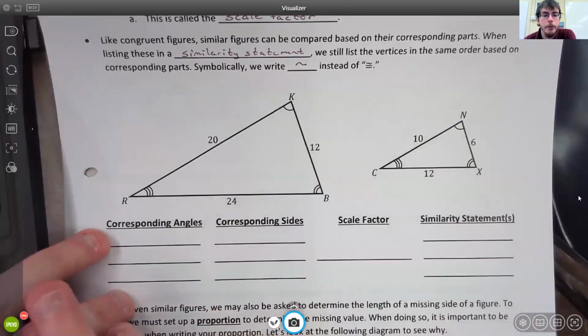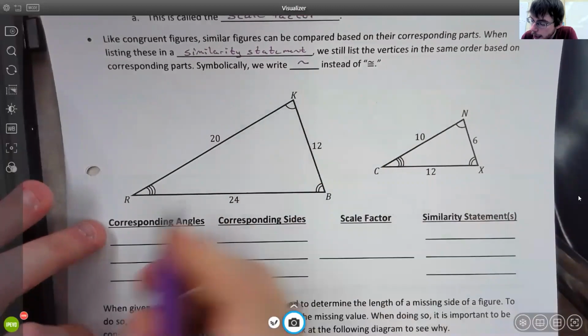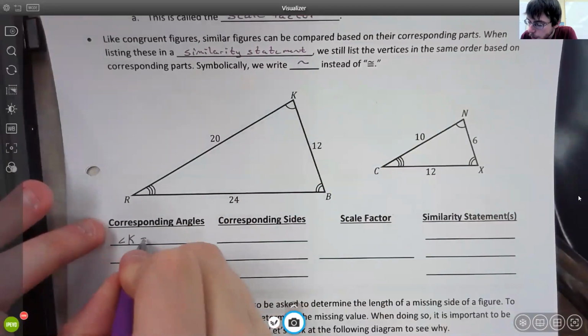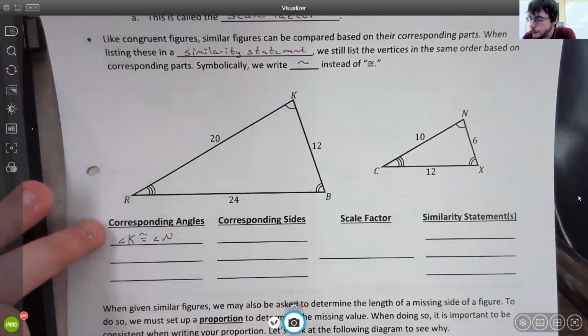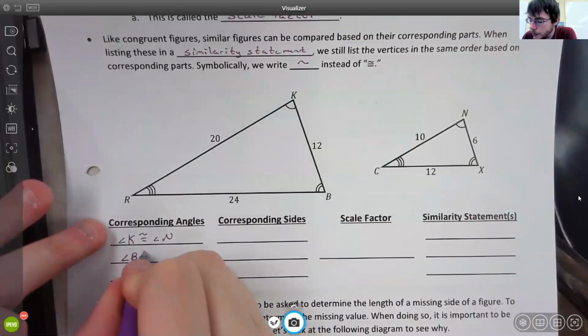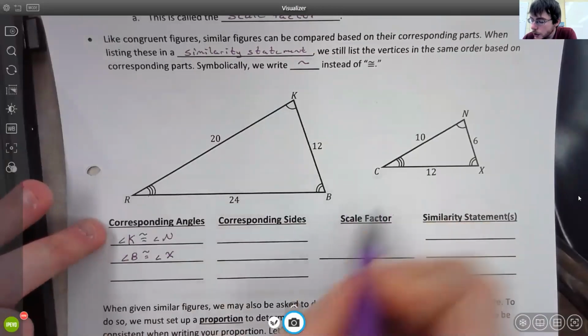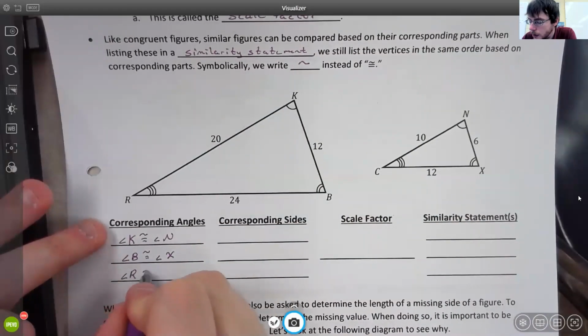Remember, the same number of markings means those angles are congruent. So we can say that angle K is congruent to angle N, angle B is congruent to angle X, and angle R is congruent to angle C.